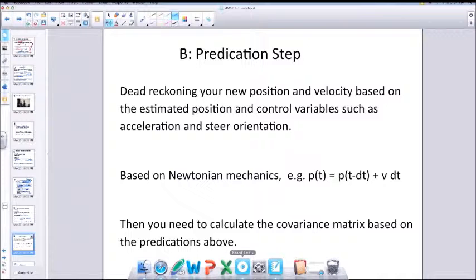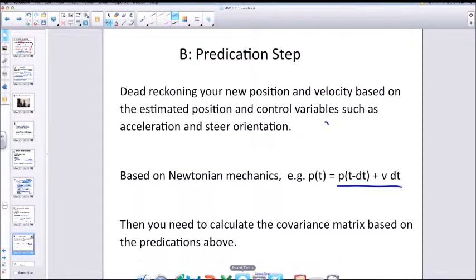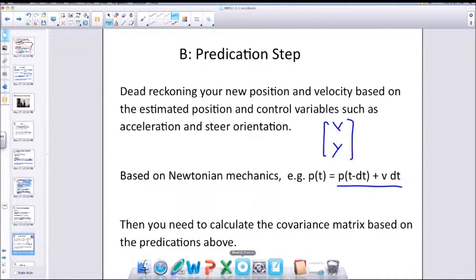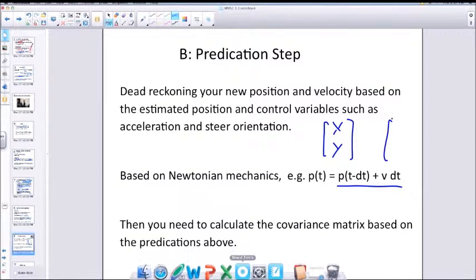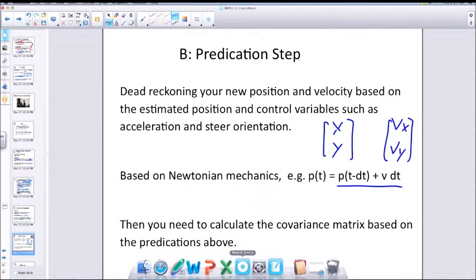Now go to the prediction stage. Here you cannot see the direction because I give you just the one dimensional. But you can use the position and the velocity to do the dead reckoning.